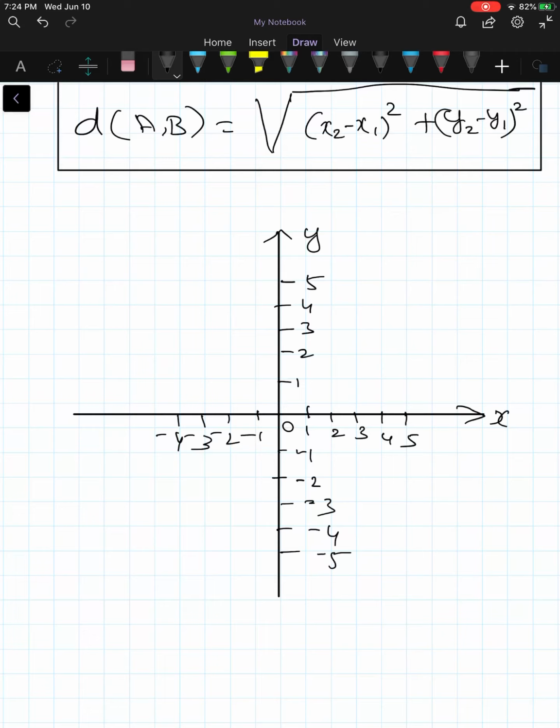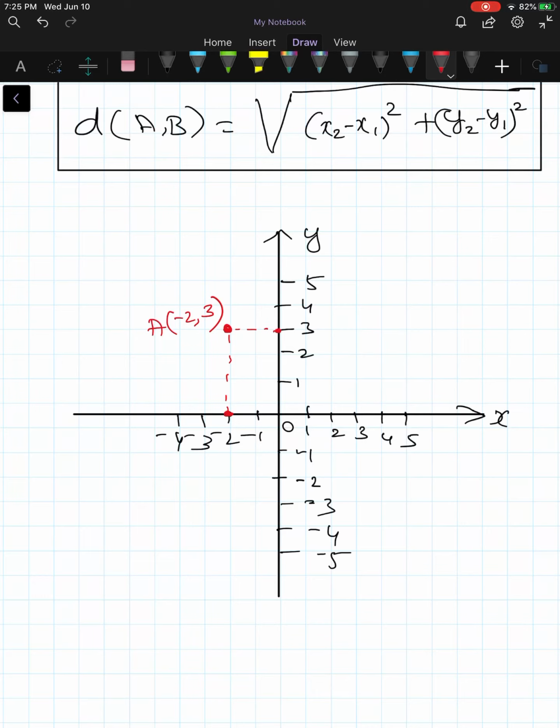So if I consider point A as -2, 3, our -2 is here, and 3 is here. So -2, 3 would be this particular point. So this is our A, -2, 3.